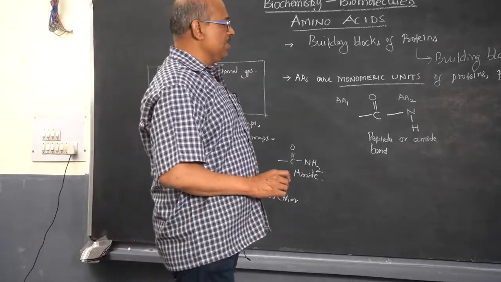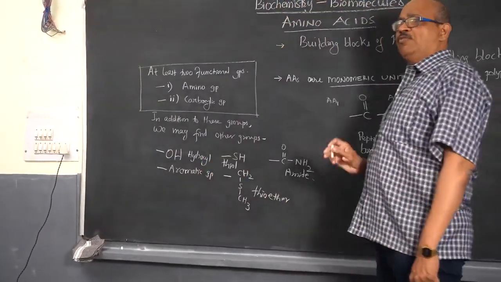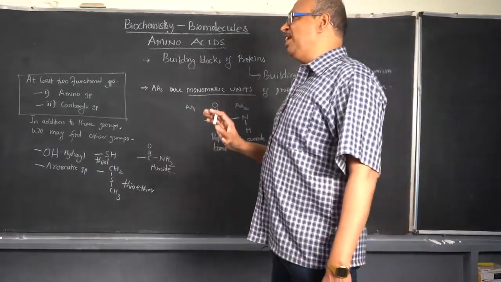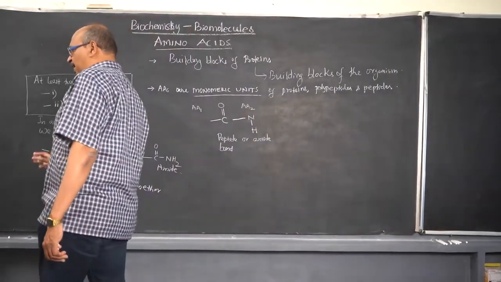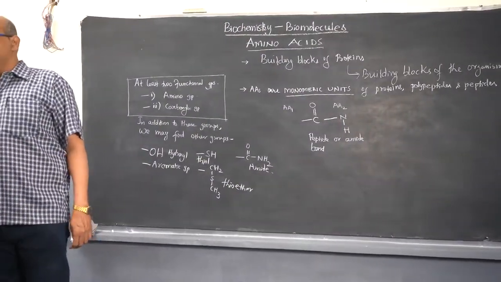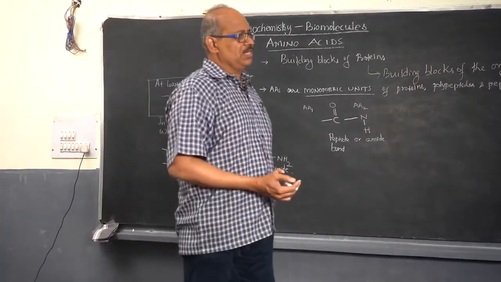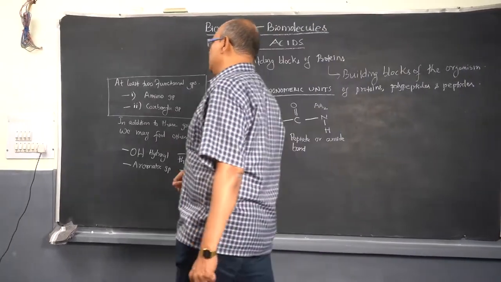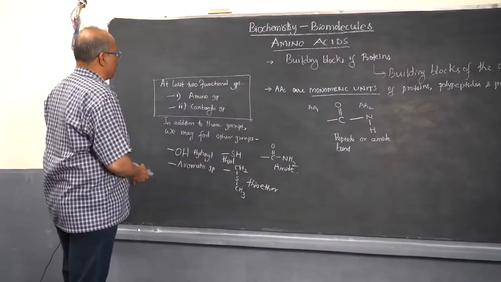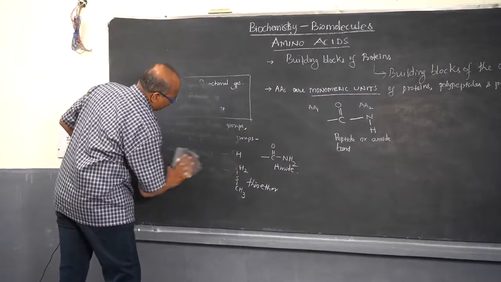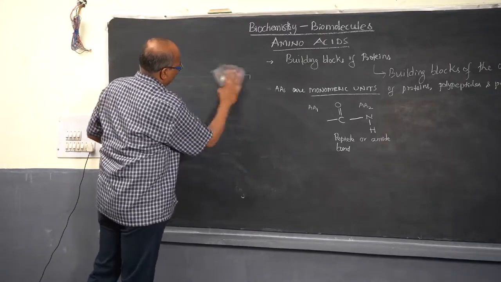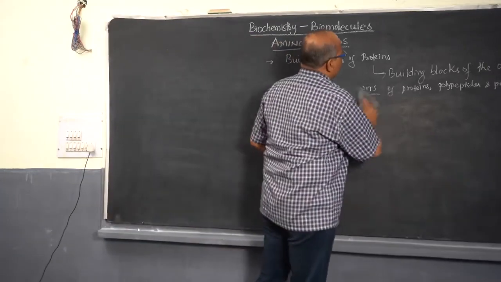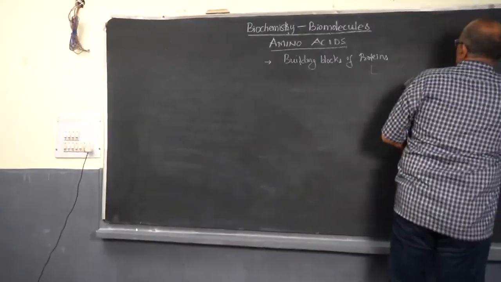So what essentially it means is amino acids can have multiple functional groups, but every amino acid contains two invariable groups from which it is getting the name amino acid. One group is the amino group, second group is the carboxylic group. If you take the normal, naturally occurring amino acids, the amino group is attached to the alpha carbon.